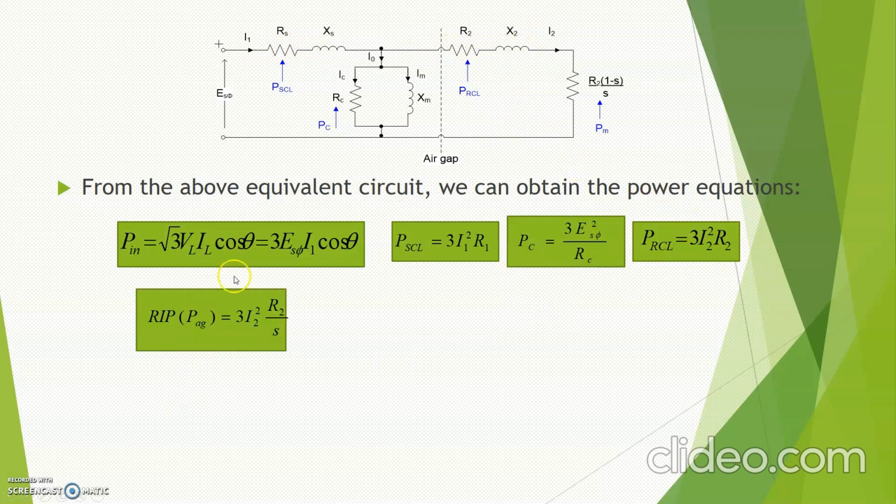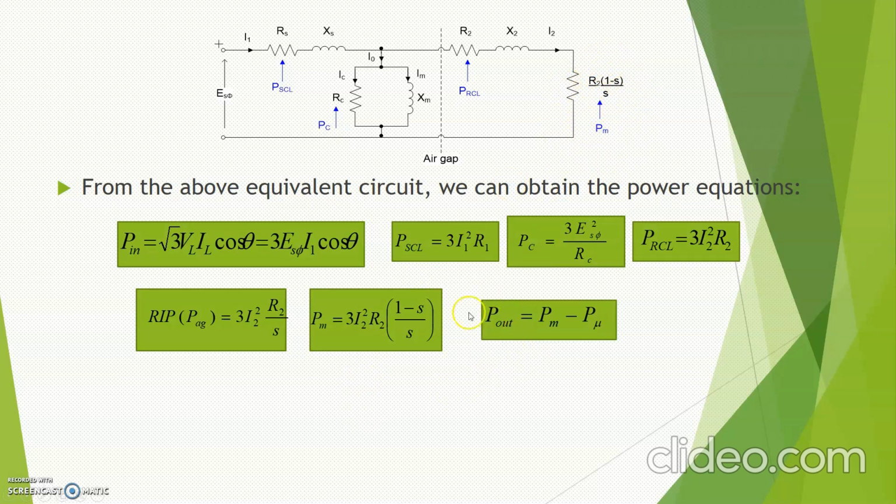Okay, and then the P air gap is the power that goes into the rotor side. The formula is given by 3 multiplied with the current I2 squared, multiplied with R2 plus R2 multiplied with 1 minus S divided by S. If you further simplify these two terms, you get R2 over S. And then the PM happens here. So PM is equal to 3 multiplied with I2 squared multiplied with R2 multiplied with 1 minus S divided by S. So this is the PM, mechanical output.